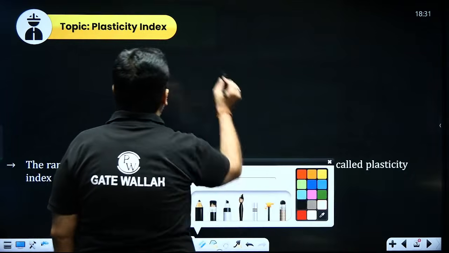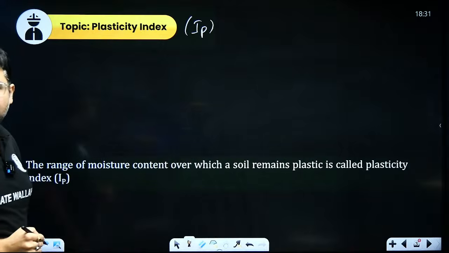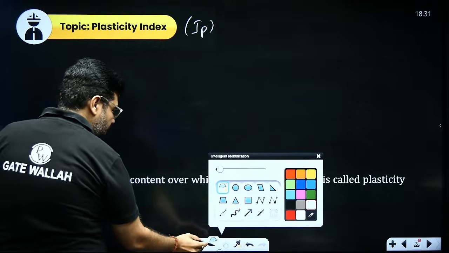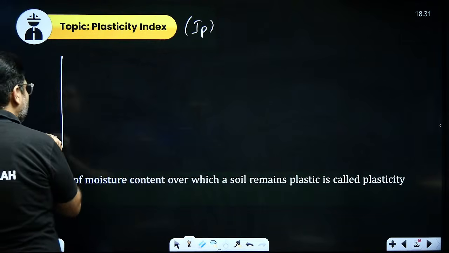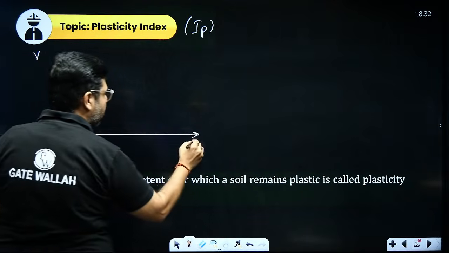Represented by the symbol IP, plasticity index. How is IP defined? See, we already know this curve, this Atterberg graph we have already seen. Volume versus water content, you remember now?